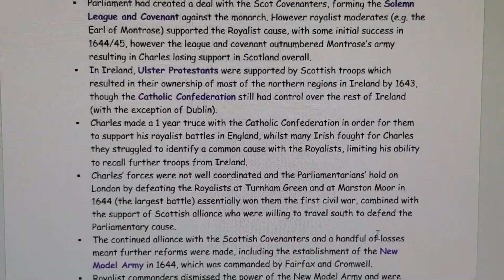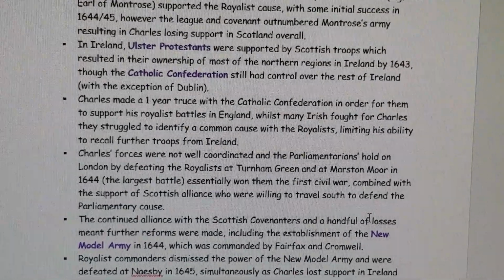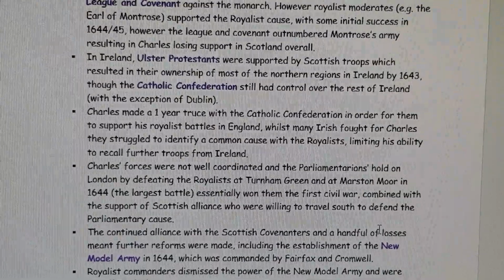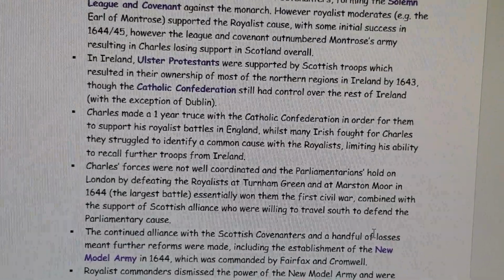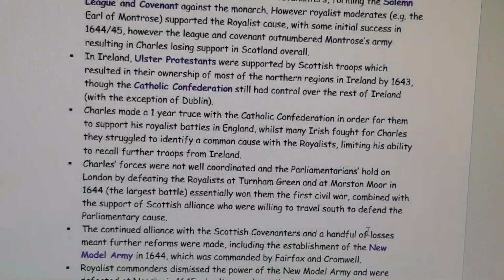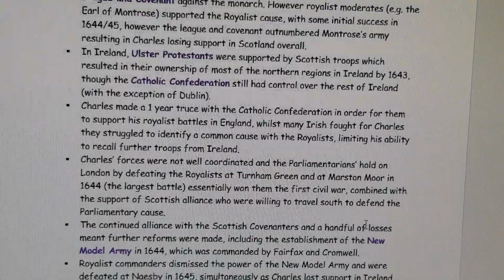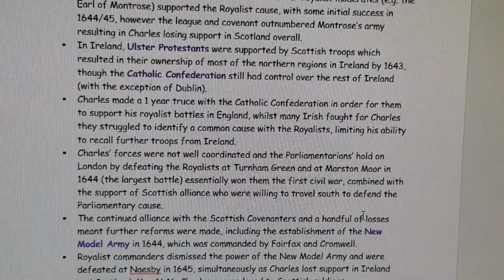So Scotland became vital, I would say, towards the parliamentarians in gaining support. Scotland understood what Parliament were trying to stand for and what they were trying to fight for, unlike the Irish, who were asked to fight for Charles but failed to have a common cause and were not frequently paid.